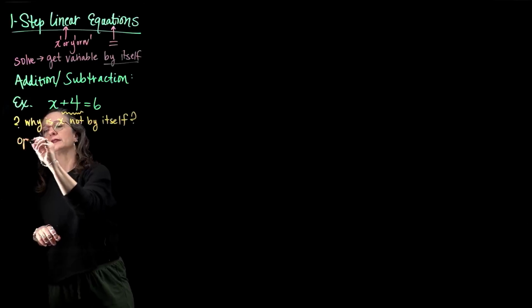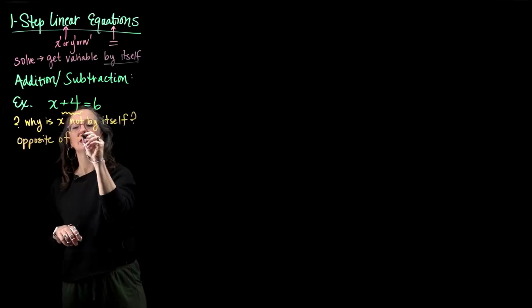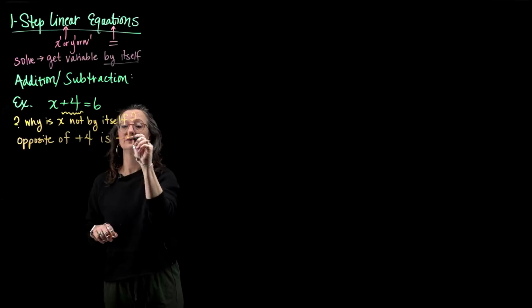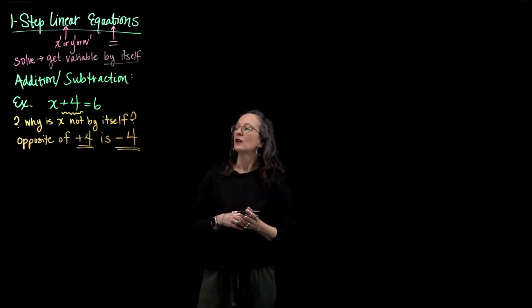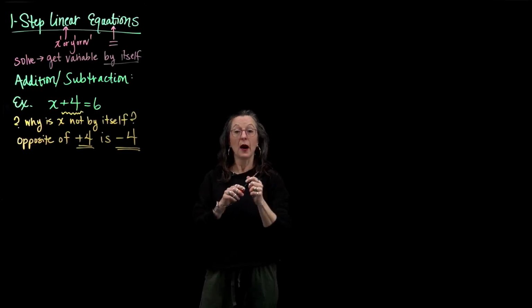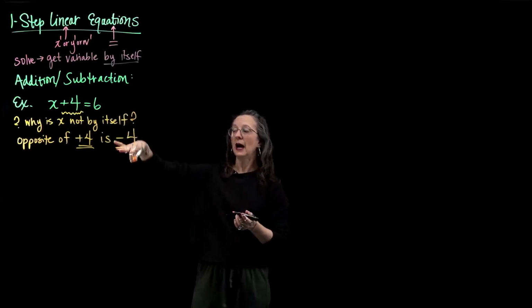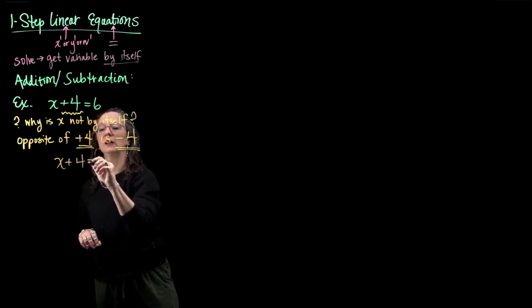So the opposite of plus 4 is minus 4. So we want to do the opposite in order to get this x by itself. I'm going to rewrite this equation again. I have x plus 4 equals 6.